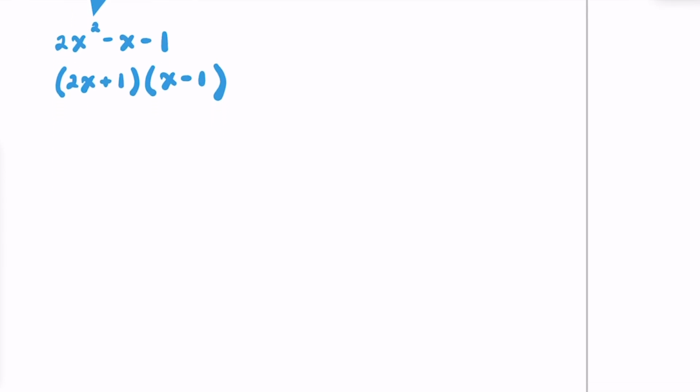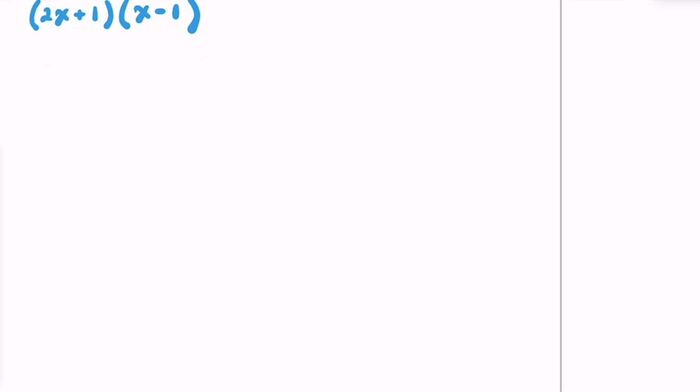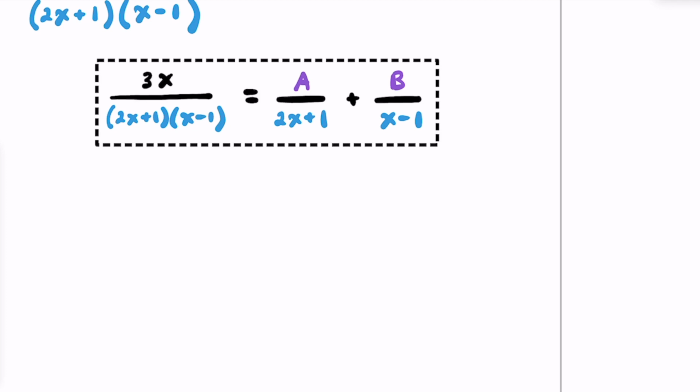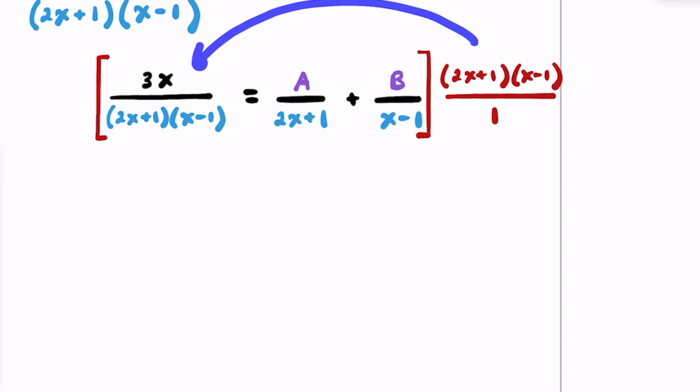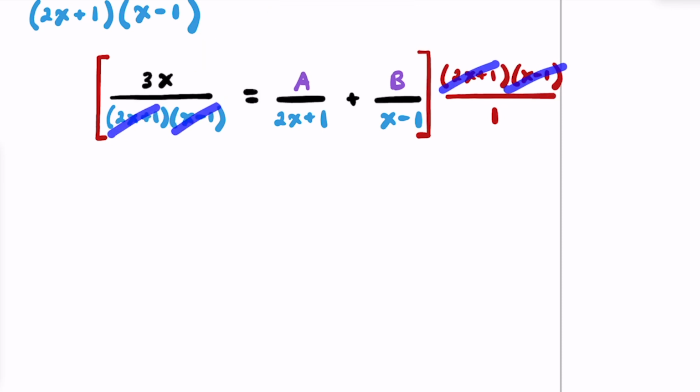Alright, so let's get a little bit more space here. So if we take this equation and we multiply both sides by the denominator of this 2x plus 1 times this x minus 1, let's see what's going to happen to both sides of this equation. Multiplying this 2x plus 1 times x minus 1 to the left side of the equation, notice how this 2x plus 1 is going to cancel out and the x minus 1 is also going to cancel out.